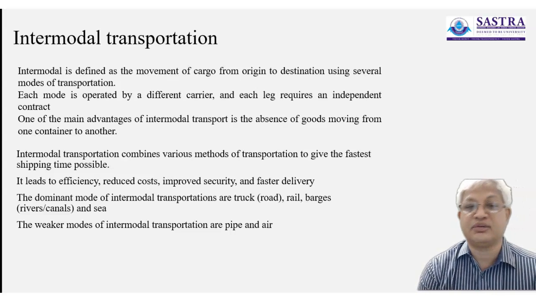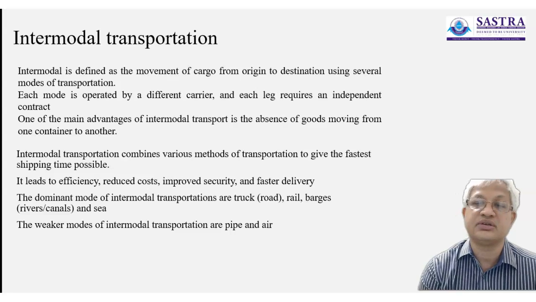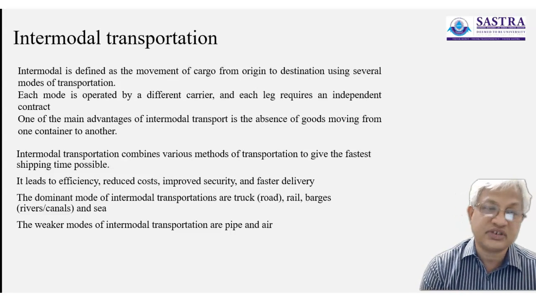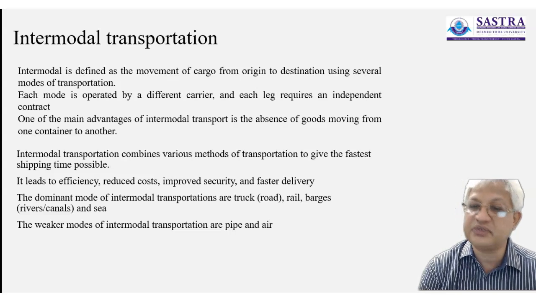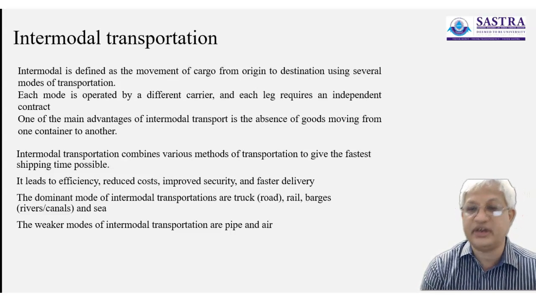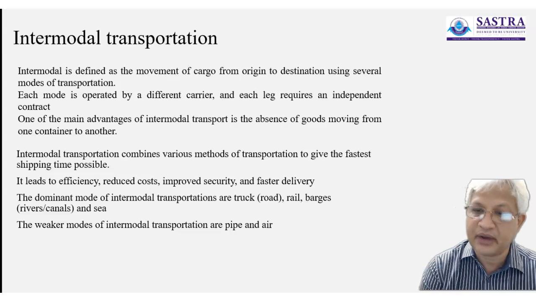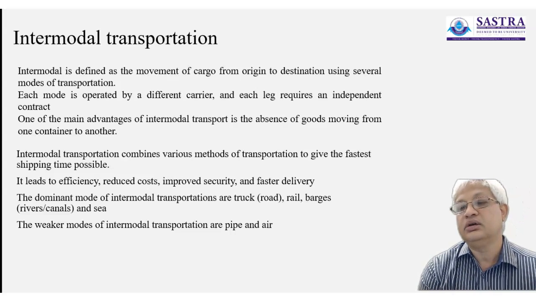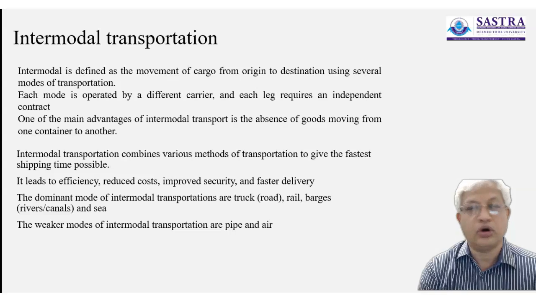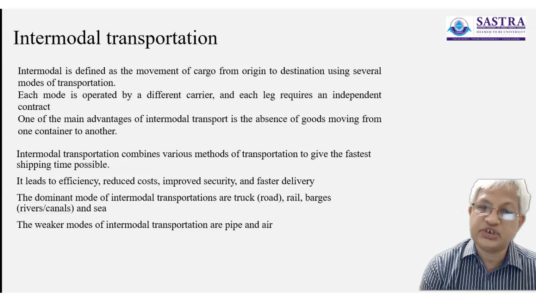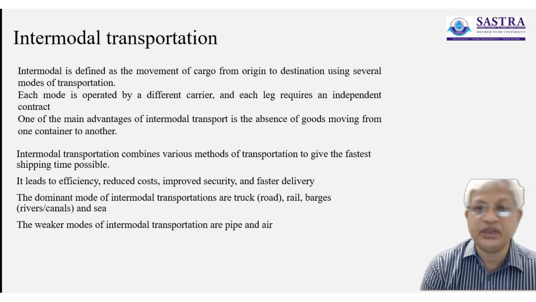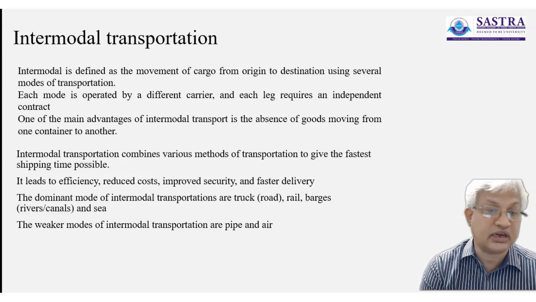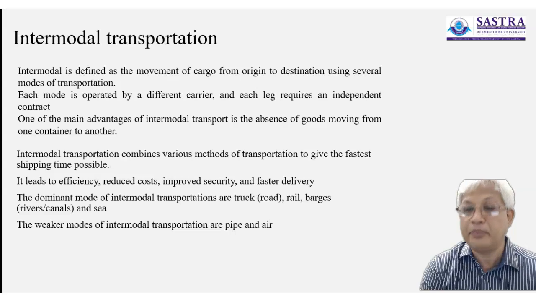Intermodal transportation combines different methods of transport to give the fastest shipping time possible. Of course, in whichever country these facilities are available, like in India, containers are carried by rail route and land route also. It leads to efficiency and reduced cost, improved security, and faster delivery because the container seal is not opened.